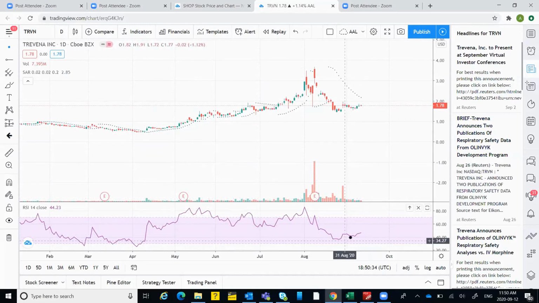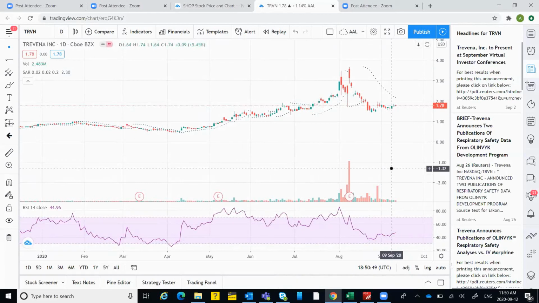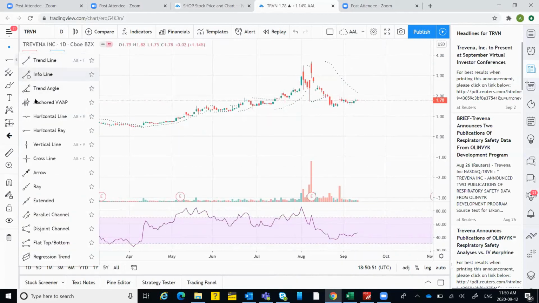So what I can say is that currently this is in a downtrend. Looking at this RSI, because it is less than 50, it has still not correctly established its trend. But there is a hope that if it crosses 50, then it's positive for this stock. Let me draw a trend line here.